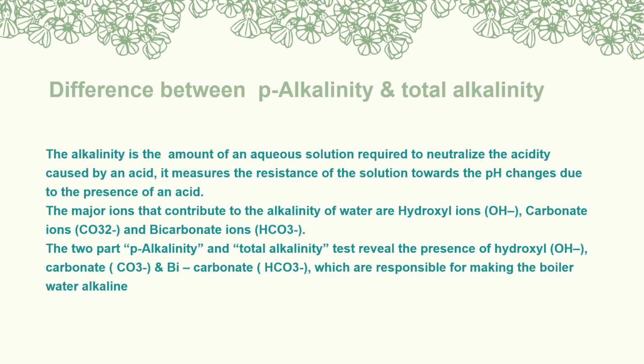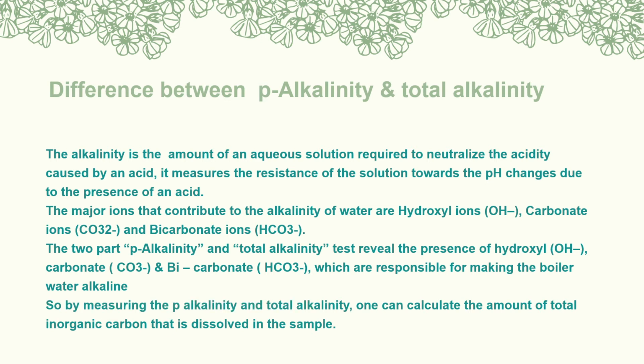The two-part P alkalinity and total alkalinity test reveals the presence of hydroxyl, carbonate and bicarbonate, which are responsible for making the boiler water alkaline. So by measuring the P alkalinity and total alkalinity, one can calculate the amount of total inorganic carbon that is dissolved in the sample.